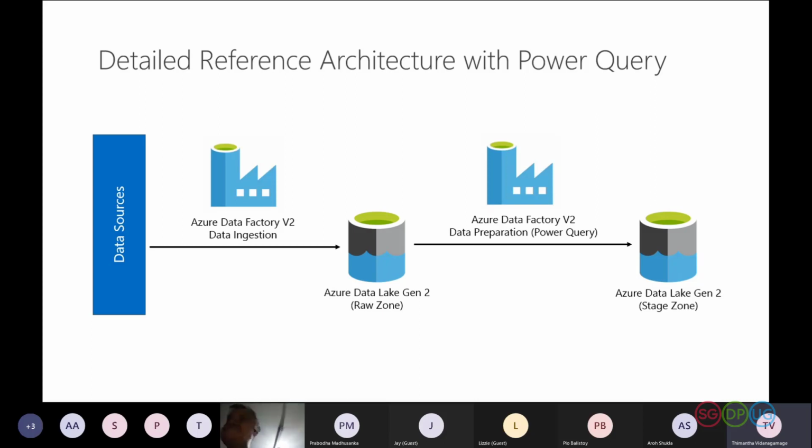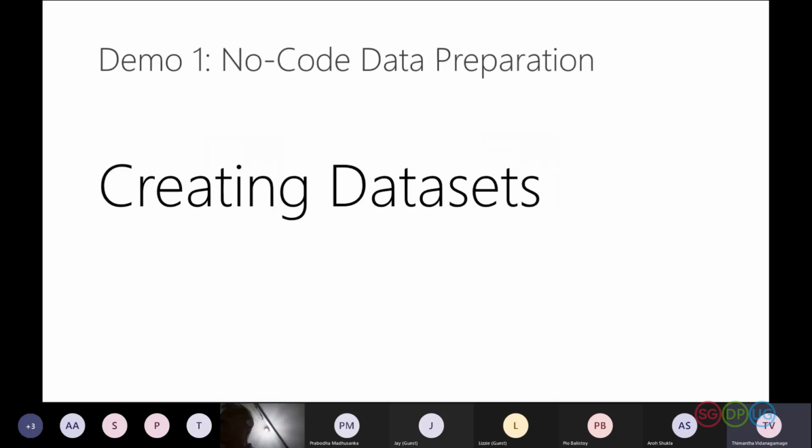And now it's time for us to try it out in Azure Data Factory, right? The first thing that we should be doing before we use the Power Query feature is creating the datasets. We have to create two datasets in this stage.